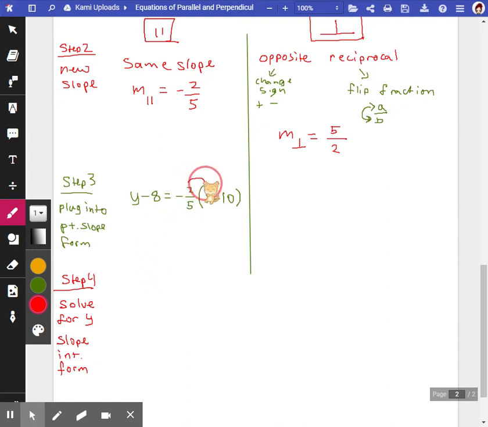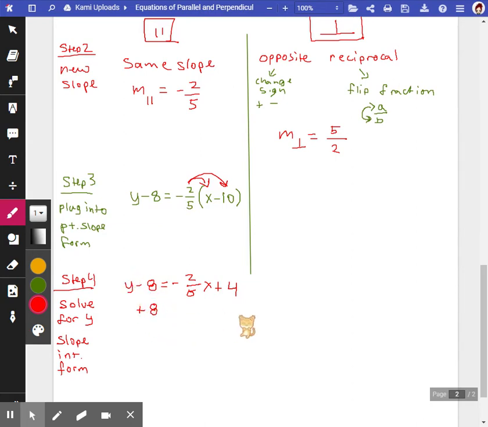So to solve for y, we're going to distribute, because we've got something times parentheses, and we don't have any parentheses, and y equals mx plus b. So I have y minus 8 equals negative 2/5 x, and then negative 2/5 times 10: negative times the negative is positive, and then 2 times 10 is 20, divided by 5 is 4.